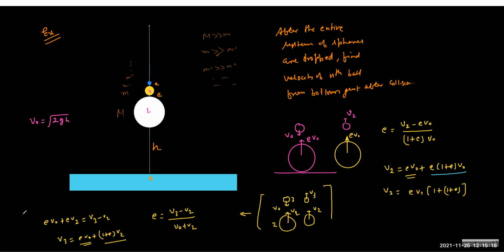Now let's substitute the V2 value so that we can see the pattern. And the V2 itself is how much? So this is a big term that we add on separately.